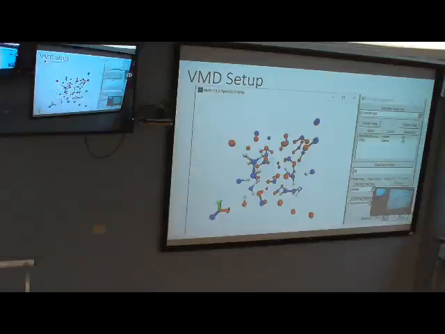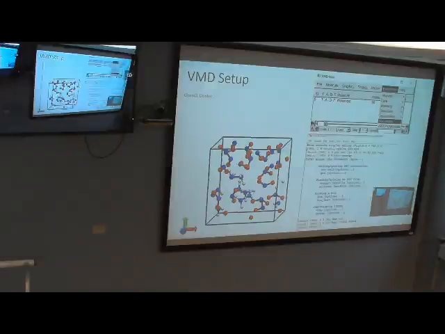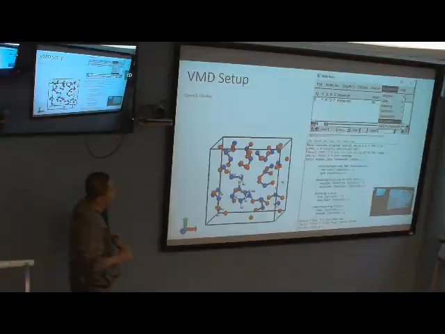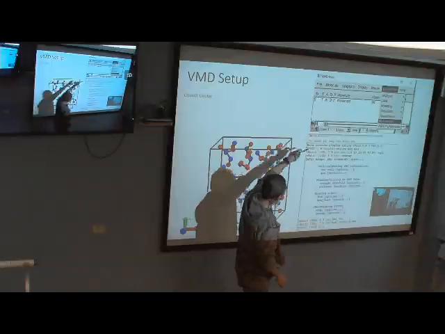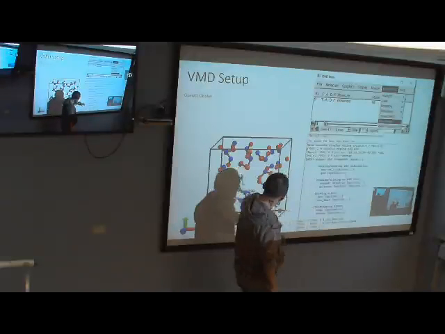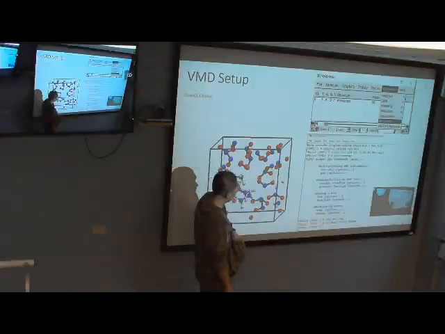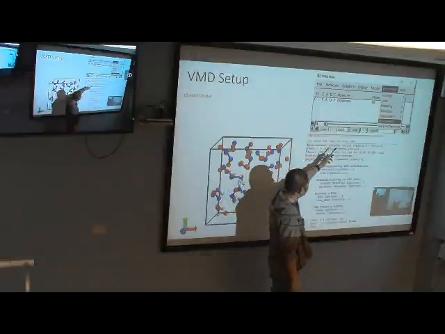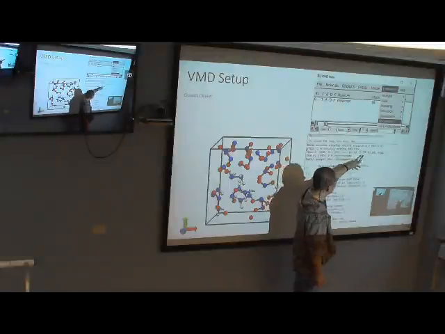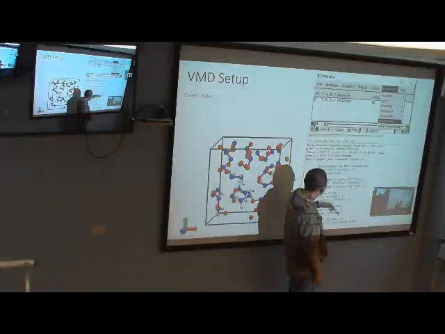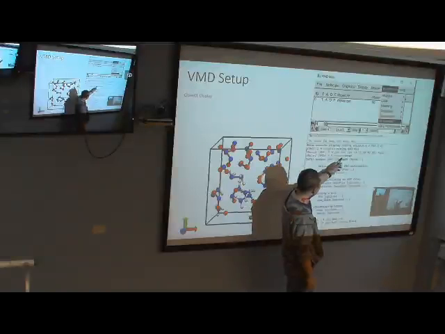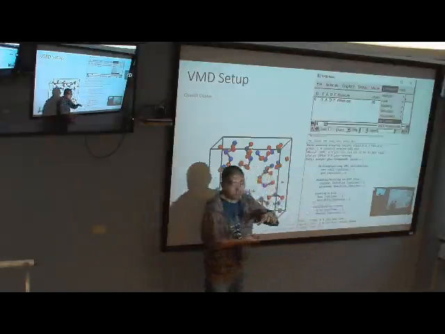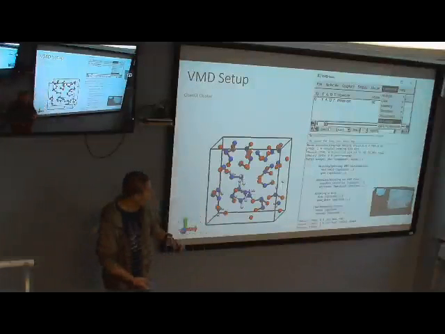This one still has some room to improve, so we can add the bounding box. We go to the console and type in some commands. Here are the lattice parameters, this is the angle, and this manually creates a new box.